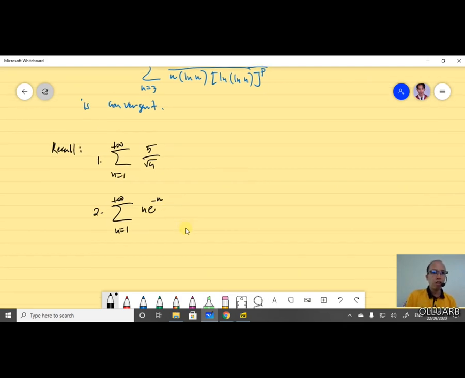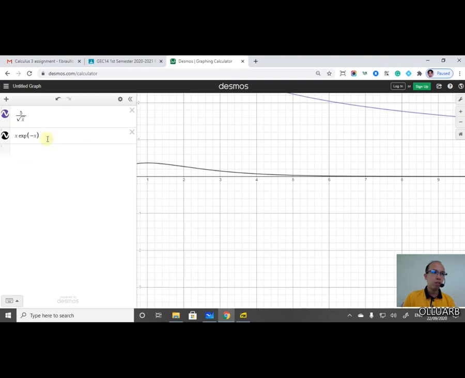For the third example, we have the summation of 5 to the n over 4 to the n plus 3, n starts from 1 to positive infinity. So replace your n by x in Desmos.